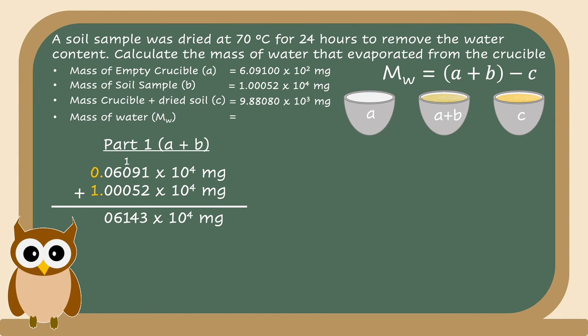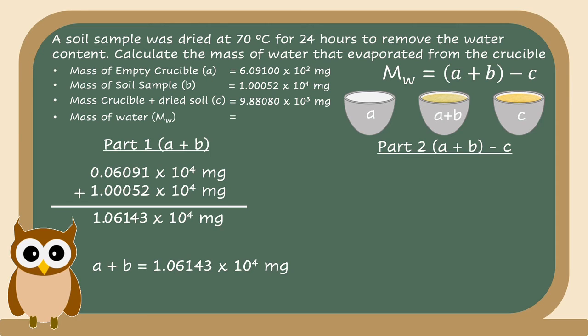And finally 0 plus 1 is 1. Giving us a value for A plus B as 1.06143 times 10 to the power of 4 milligrams.